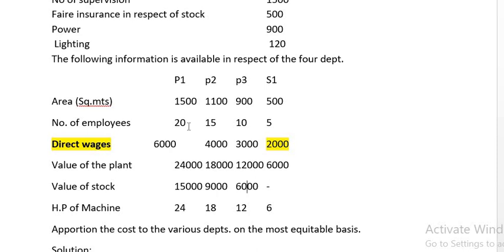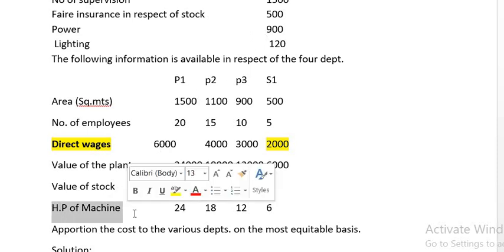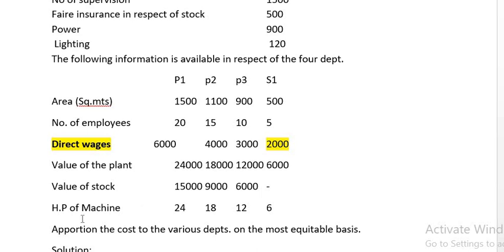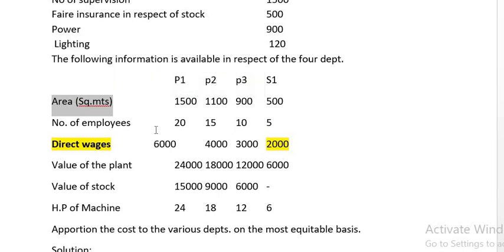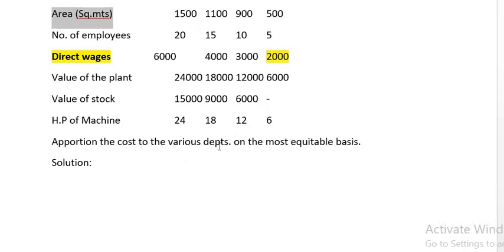Next, power is 900, on the basis of HP of machine. Next, lighting is on area. If the number of light points is given, we take that, otherwise area in square feet. So apportion the cost to the various departments on the most equitable basis.